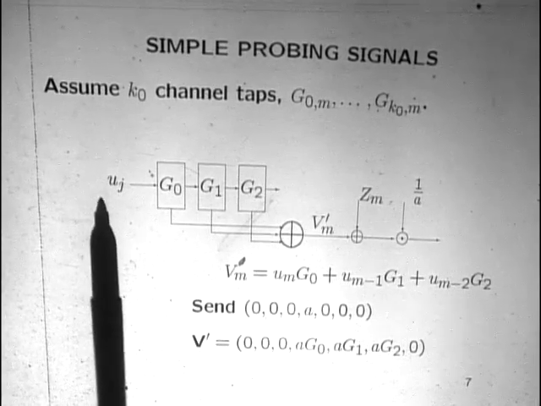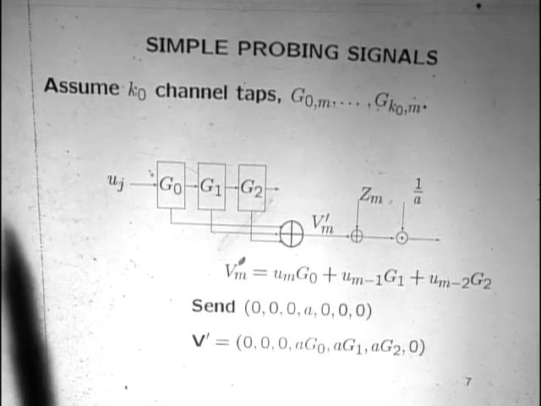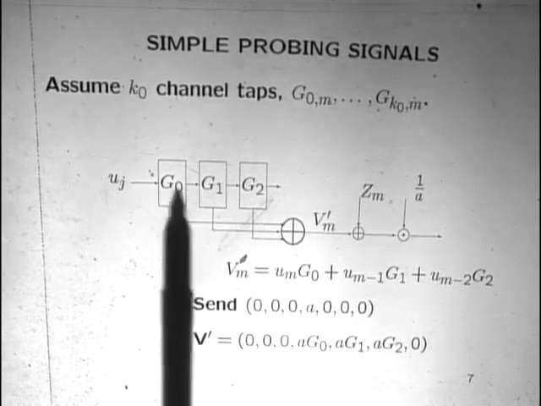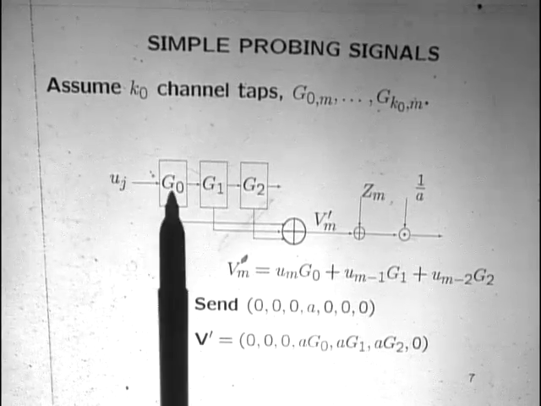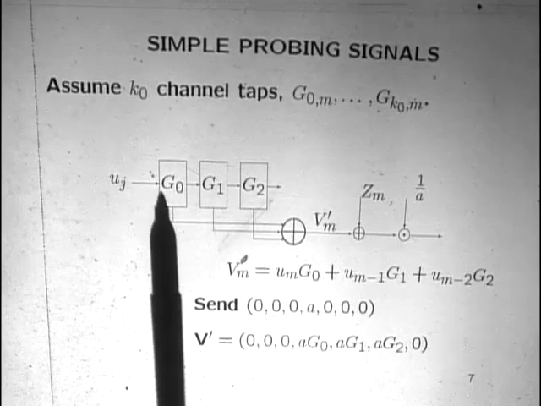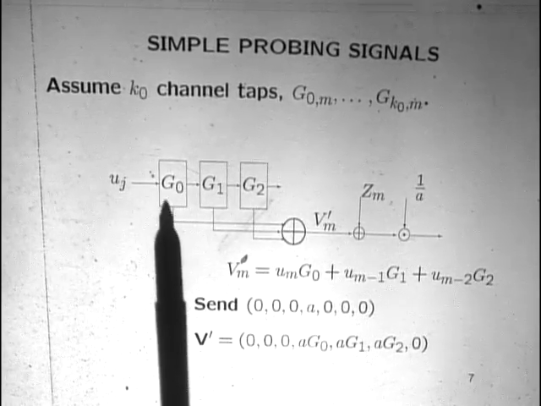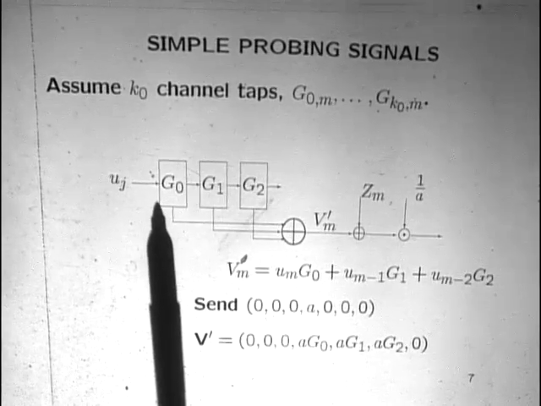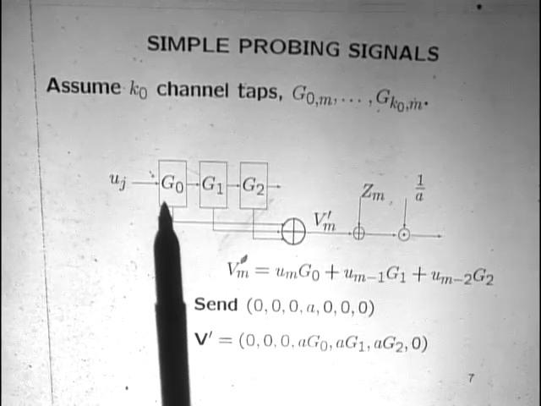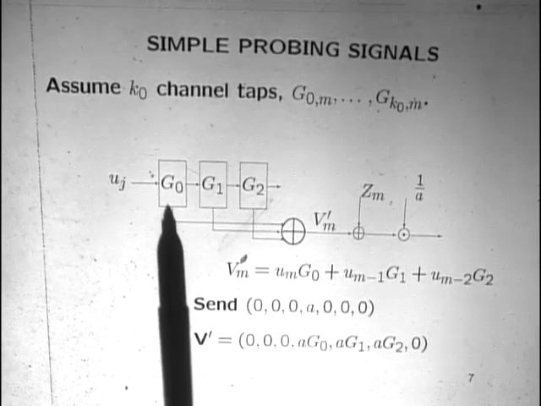We assume that the probing signal is known. It's just a bunch of zeros followed by an A followed by a bunch of zeros. So we know that. We're trying to estimate these things, so these are the variables that we're trying to estimate. So we try to find the probability density of the output conditional on the knowledge of G0, which is just the Gaussian density shifted to A times G0.